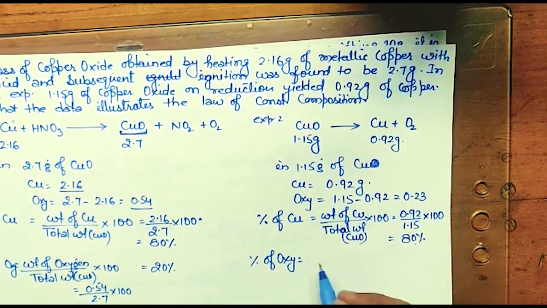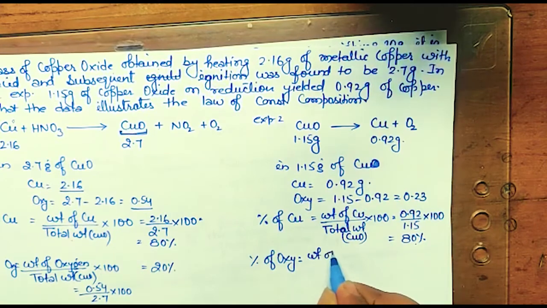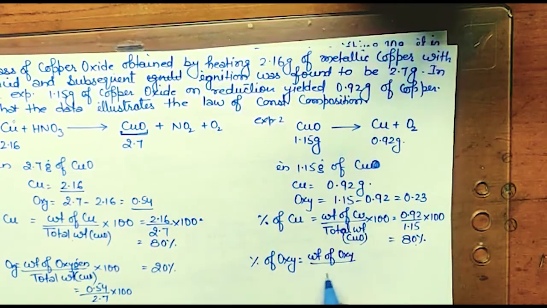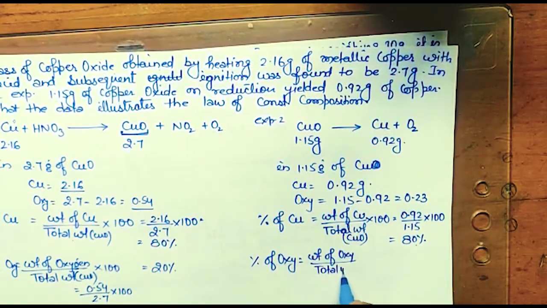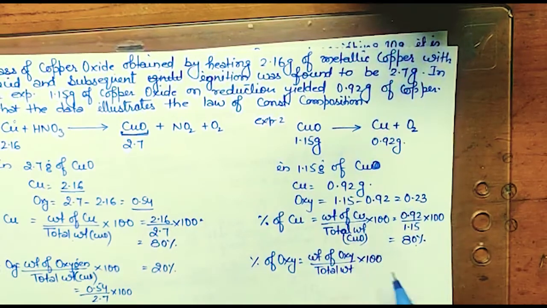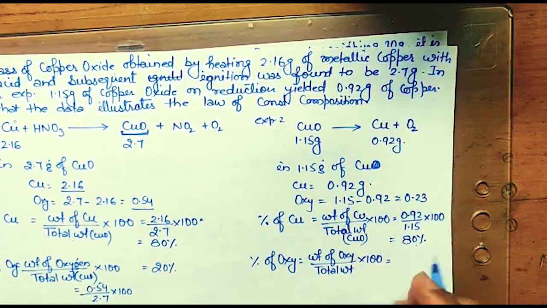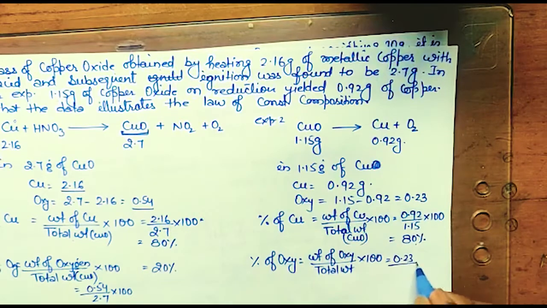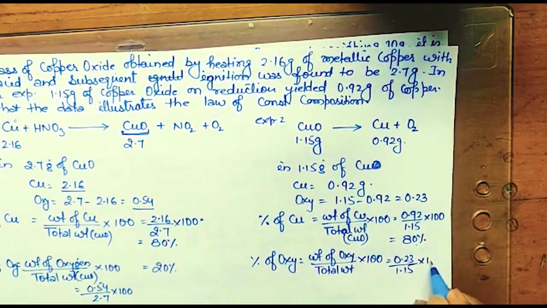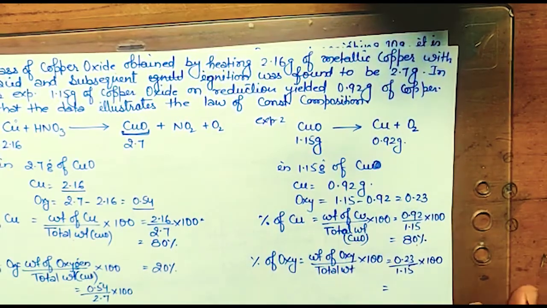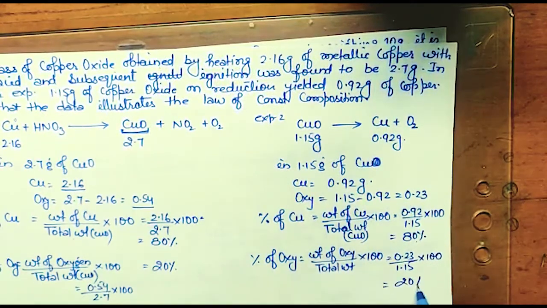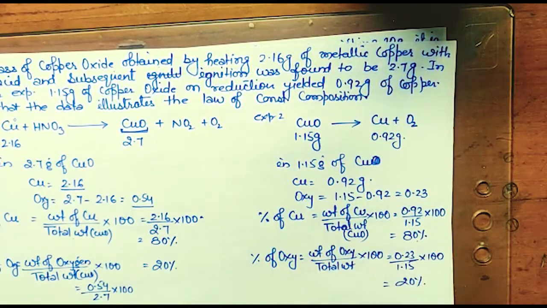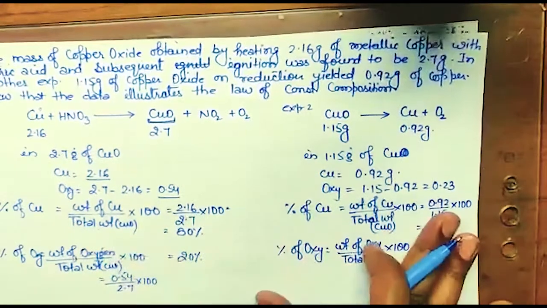But prove it. Okay. So weight of oxygen upon total weight into 100. So the weight of oxygen is 0.23 upon total weight 1.15 into 100, and you will get 20%. So here the ratio of copper and oxygen is the same in both the experiments.